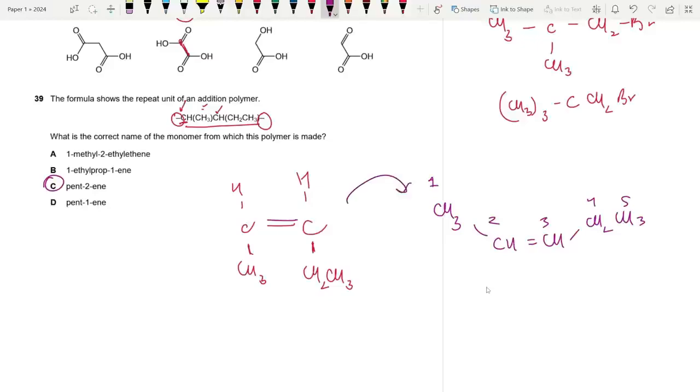So I just wrote it in a linear fashion. From the repeat unit, I figured out the monomer and then I wrote it in a linear fashion.